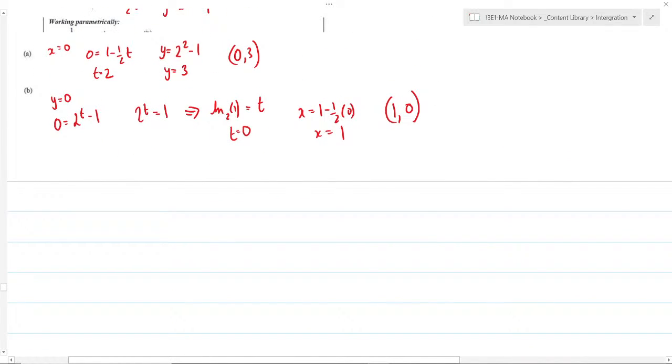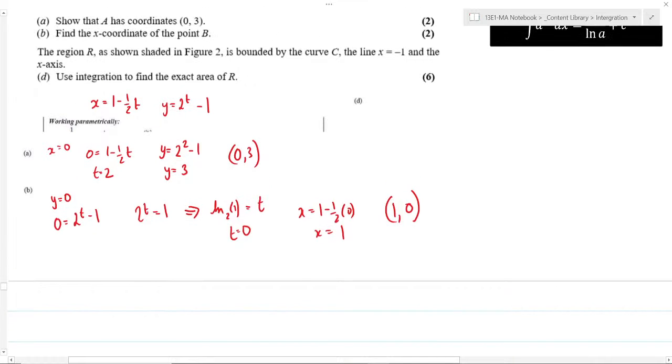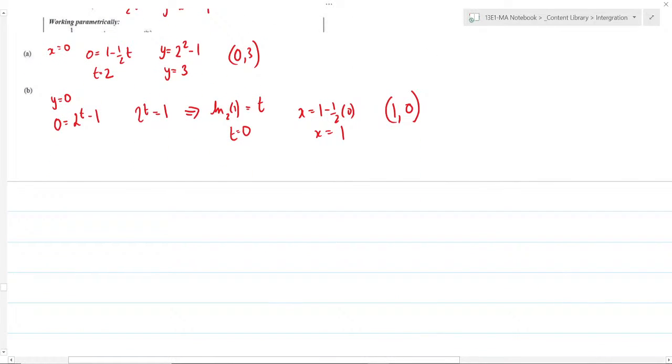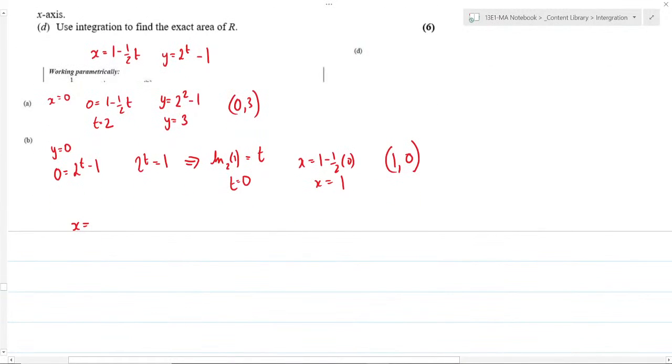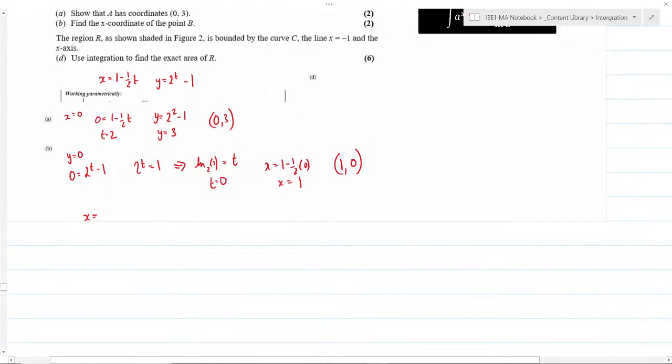So it's the integral between -1 and 1 of, well, first of all, we need to find out what our t values are. So let's write down what x is first. x is equal to 1 minus a half t. y is equal to 2^t minus 1. So if we know what our limits are between -1 and 1.